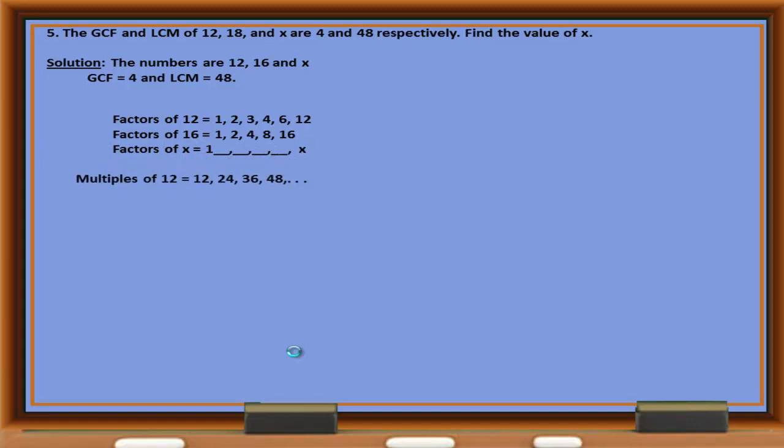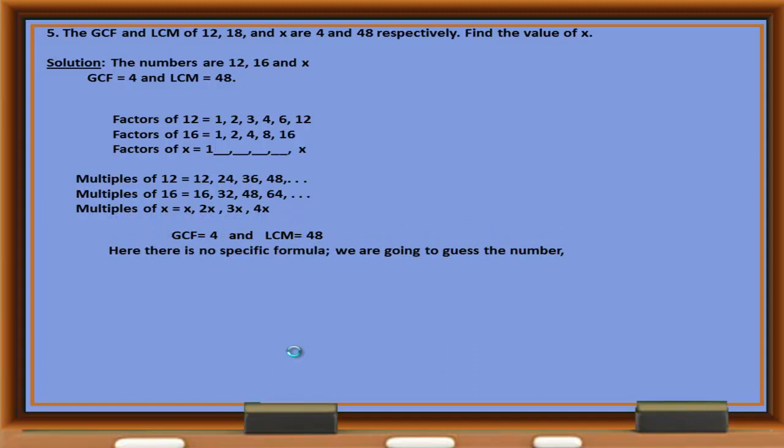Multiples of 12 are 12, 24, 36, 48, and so on. Multiples of 16 are 16, 32, 48, 64, and so on. Multiples of X will be X, 2X, 3X, 4X, and so on. GCF is 4 and LCM is given 48.